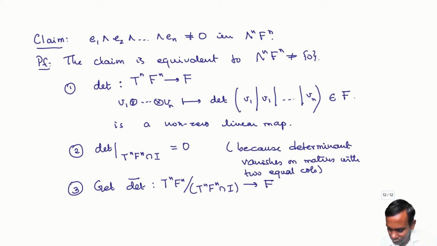So determinant gives rise to a non-trivial linear functional from T^n Fn mod T^n Fn intersect I to F, but this is the same as wedge n Fn to F. So determinant gives rise to a non-trivial, non-zero linear functional on the vector space wedge n Fn. But if the vector space wedge n Fn were 0, it couldn't possibly have a non-zero linear functional. Therefore, we conclude that wedge n Fn is not 0.